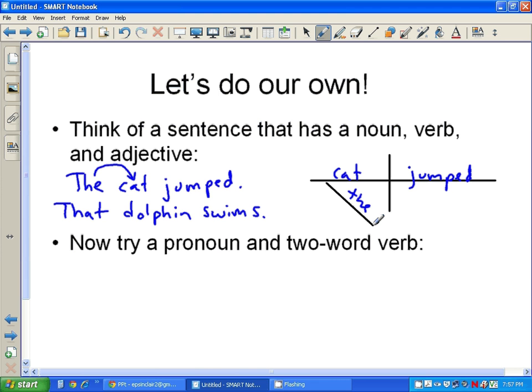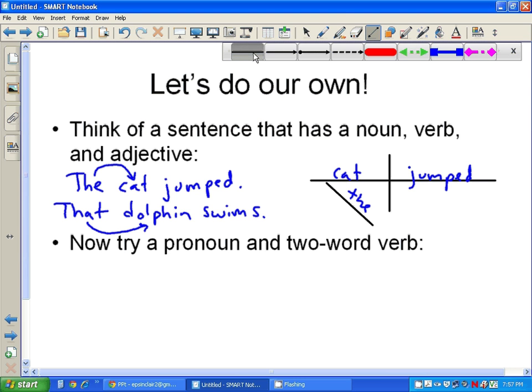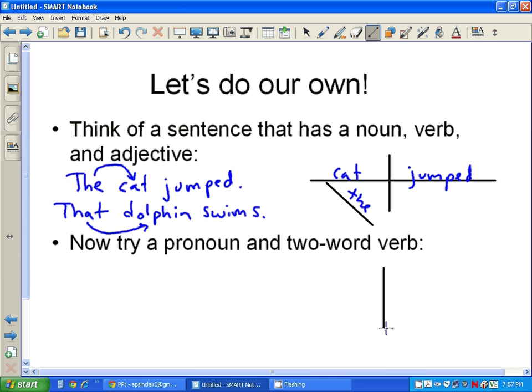Try a pronoun and a two-word verb. And your diagram is going to be a little bit simpler this time. It's going to look something like this. Go ahead and pause the video now. Okay, hopefully you paused the video and we are back.